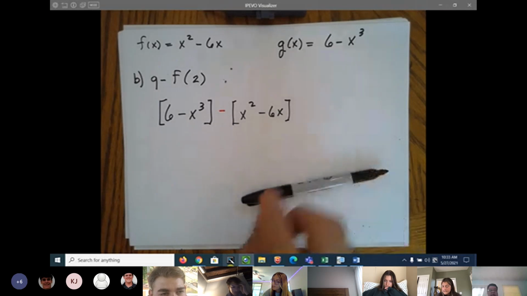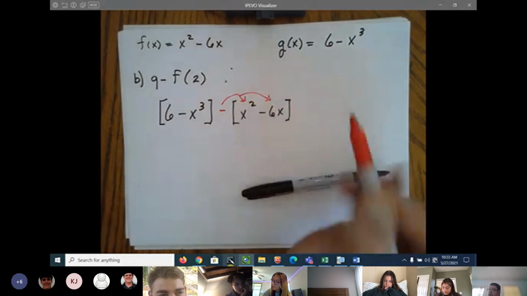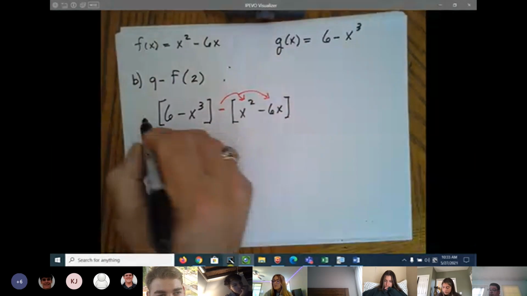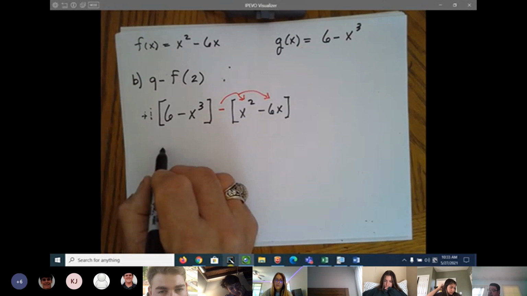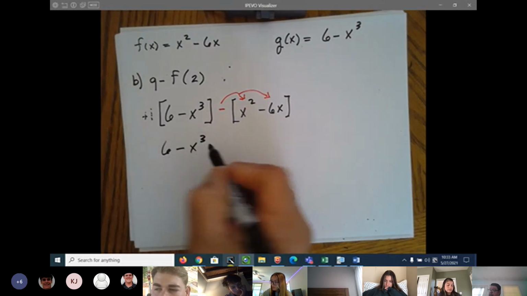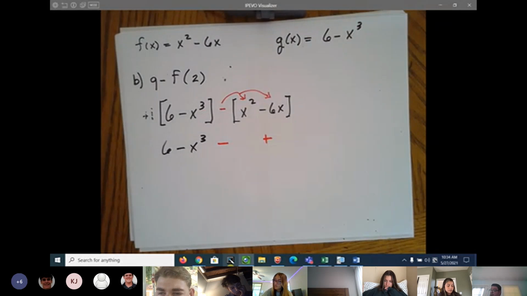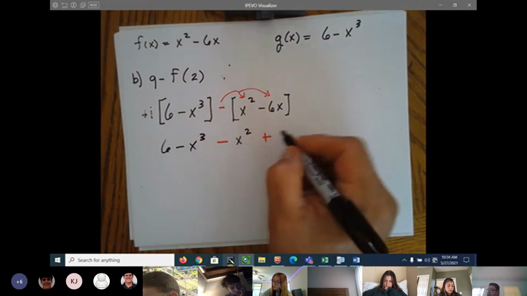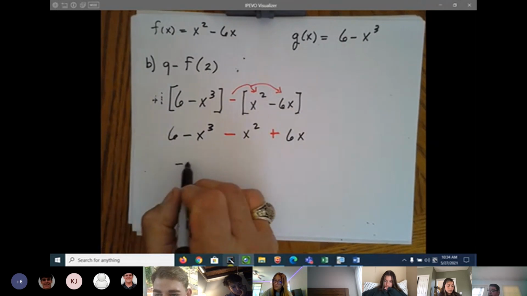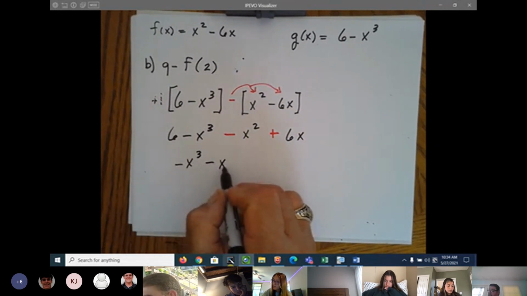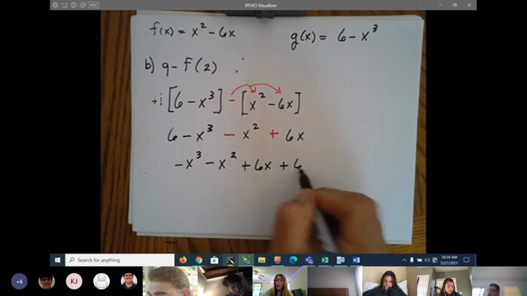So I'm going to distribute that negative. And there's a positive 1 right here, but nobody worries about it because it's positive. So 6 minus x cubed minus x squared plus 6x. And now we get negative x cubed minus x squared plus 6x plus 6.